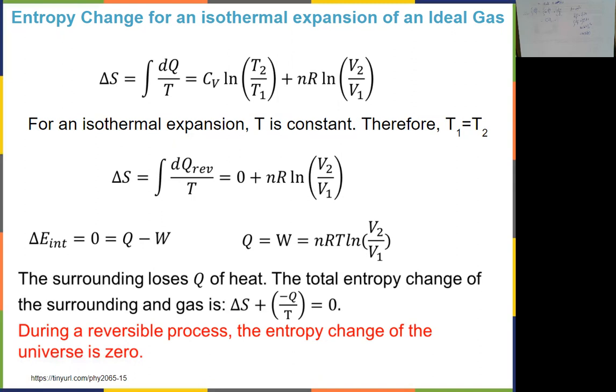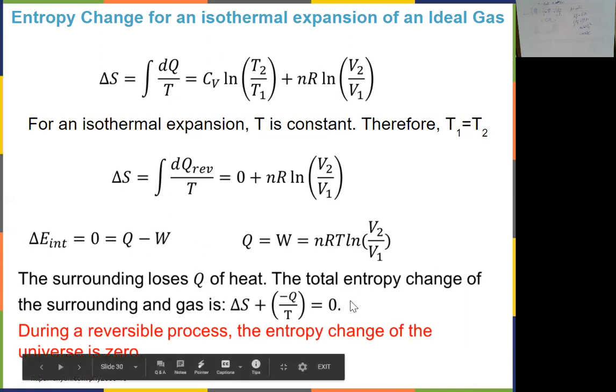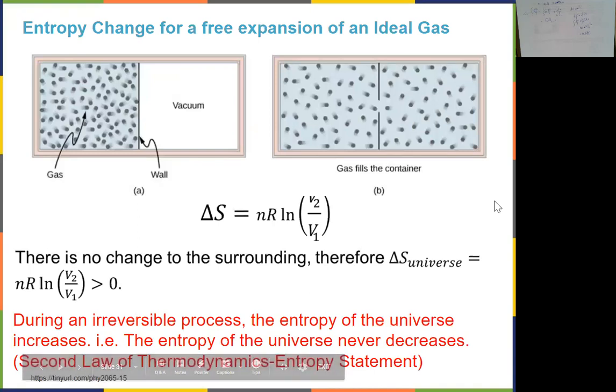We have made quite a few assumptions here. First, it's an ideal gas, and then it's isothermal expansion. In reality, that's probably not the case. Now the entropy change for this process, if the gas expands into vacuum, is isothermal expansion because the temperature is not changing.